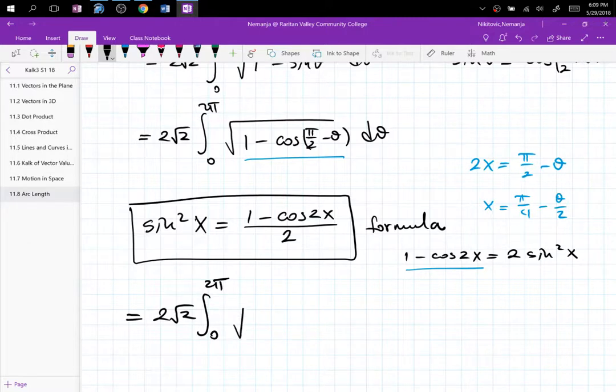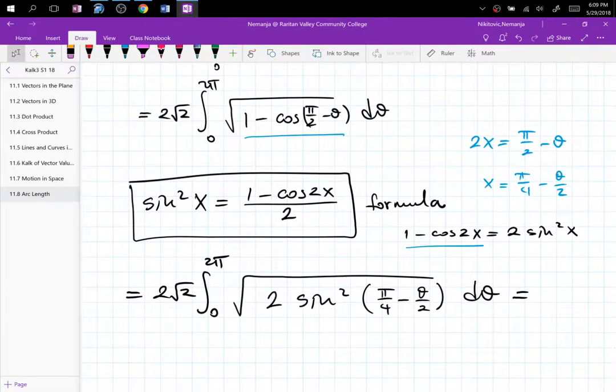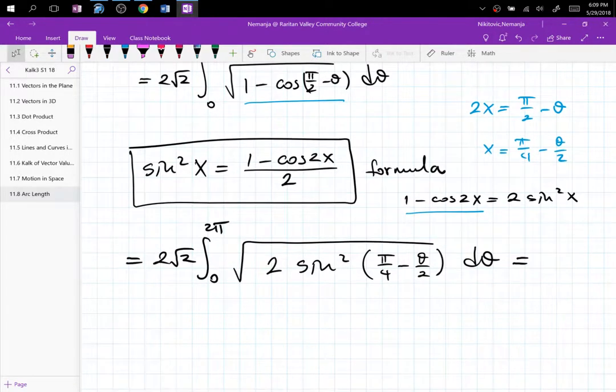We have a square root of, instead of 1 minus this mess, 2 times sine squared of pi over 4 minus theta over 2, d theta. There we go, easy. So you were right. What I was thinking is that I'm not going to have another cosine on the end to do the u sub, but the u sub is easy in this case.